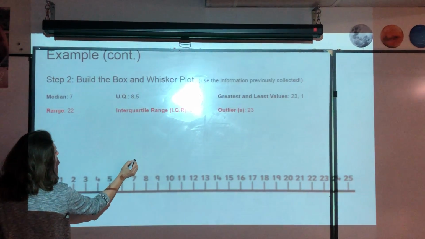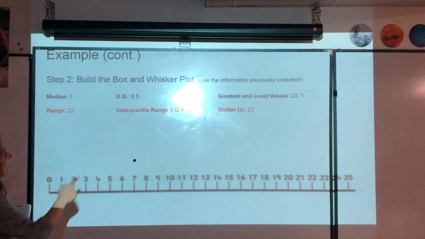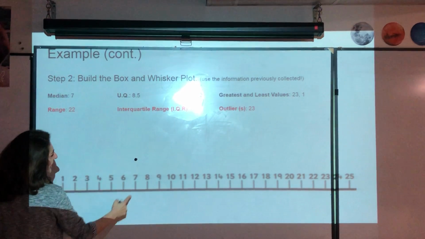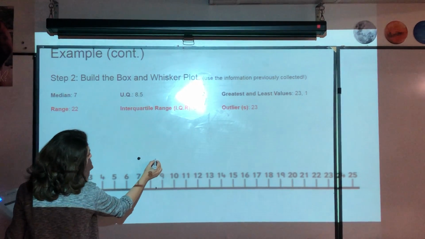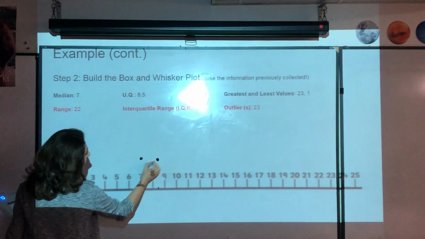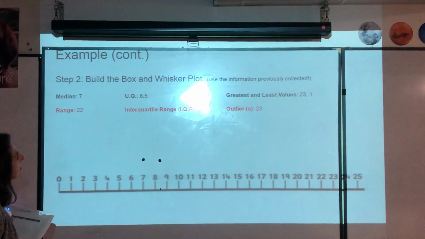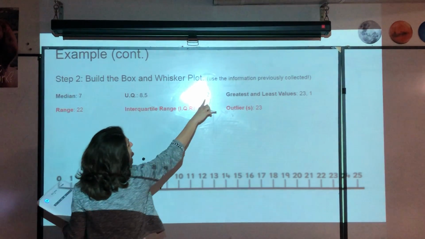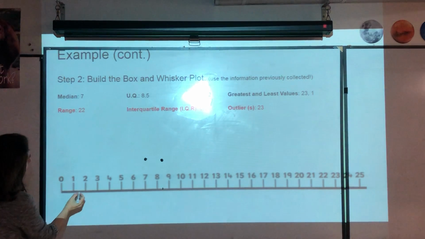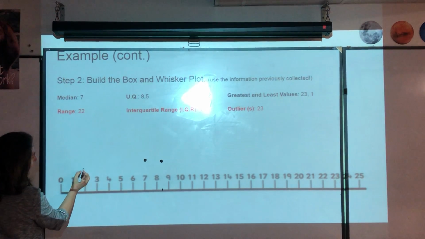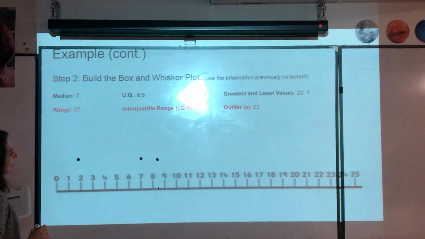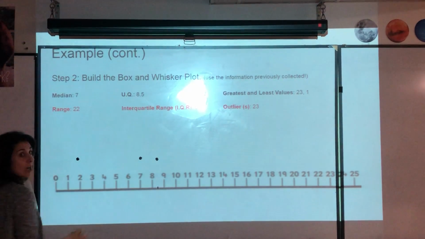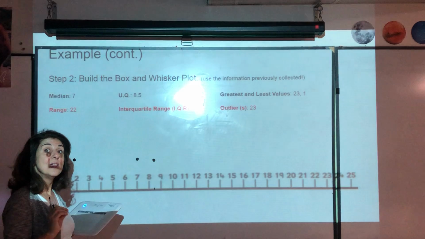This is my median. The upper quartile is 8.5, which is right here in the middle. This is my upper quartile. My lower quartile is 2, so I find my number 2 on my number line and mark it over here. These 3 points are the ones that are going to give me the box.